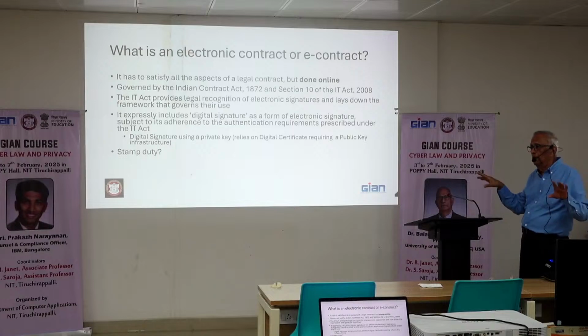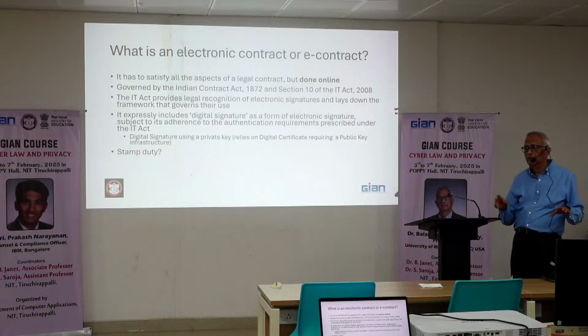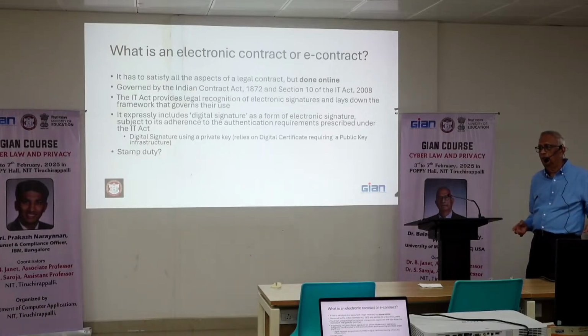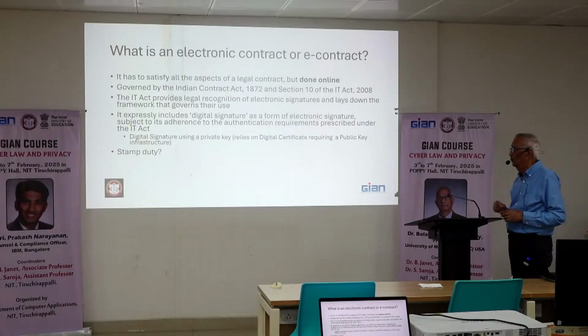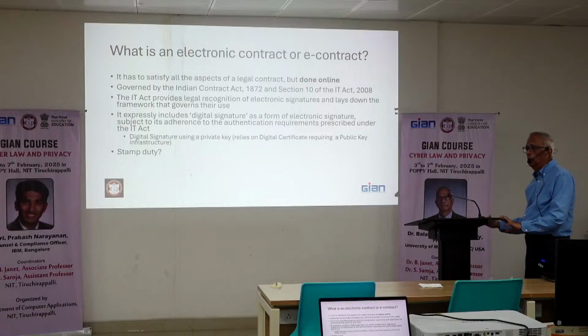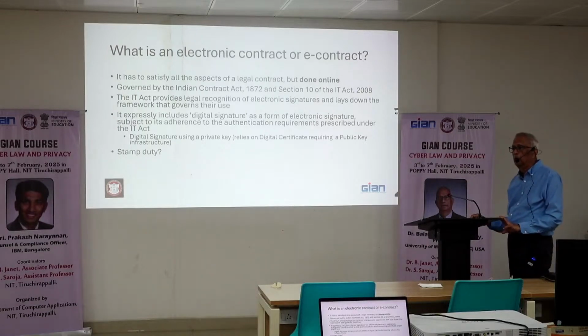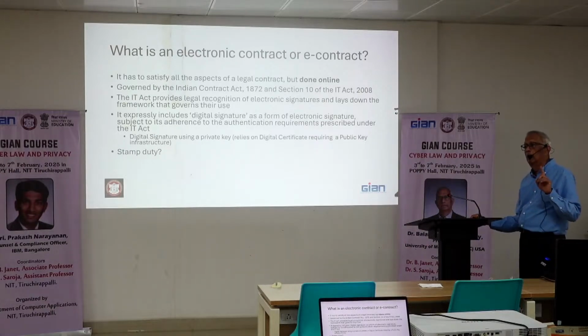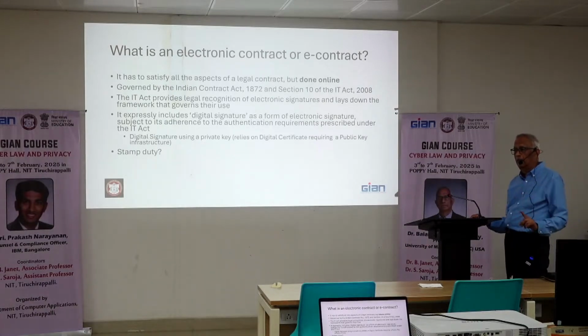Although it has been in existence for more than 15 years, what is the role of stamp duty in making something legal, or does it not matter? That's why I put the question mark. Do you need a stamp duty to make a contract legal? In India, the moment you pay stamp duty, the contract can be enforced. Until then, it cannot be.